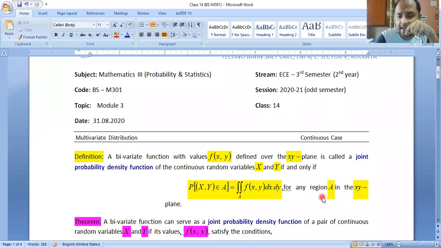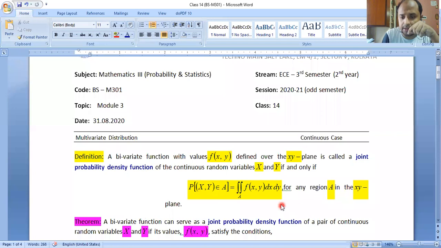Now, what is this A? A is any region on the XY plane. We shall come to know what the region here is, and we'll discuss this with respect to a problem. So let's move on to the next theorem, and then I shall come back to this definition.